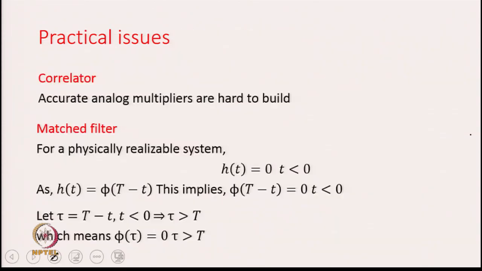So, the question is, which one should we prefer? Accurate analog multipliers are hard to build, and that is why this matched filter design was preferred. It is easier to make filters rather than accurate analog multipliers.